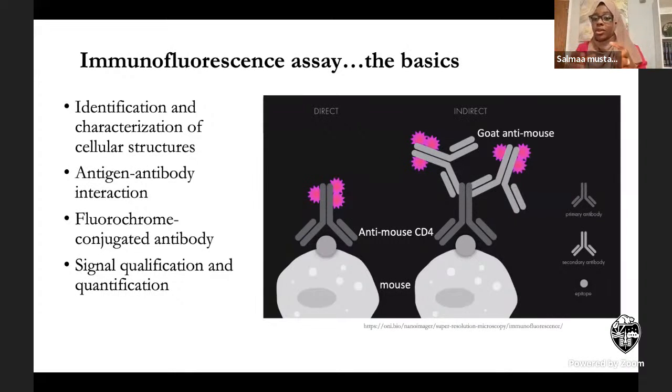It has everything: you have your fixation buffer, permeabilization buffer, and even a blocking solution in that same kit. So the only thing I needed was my antibody and diluent.